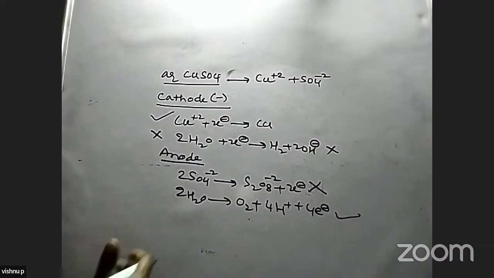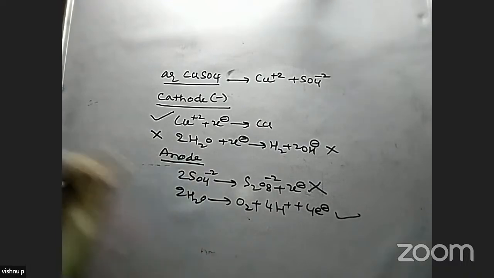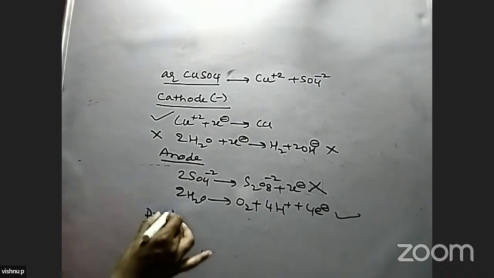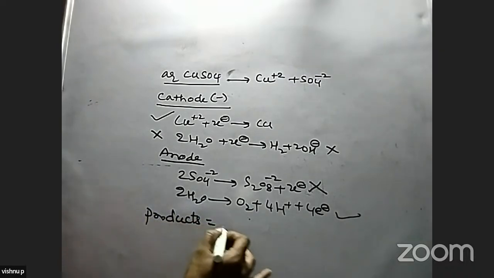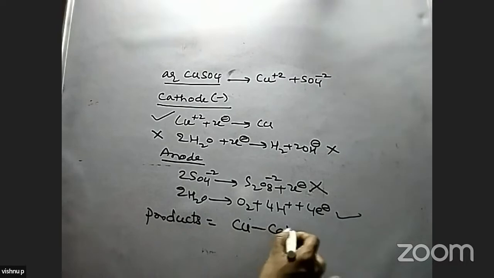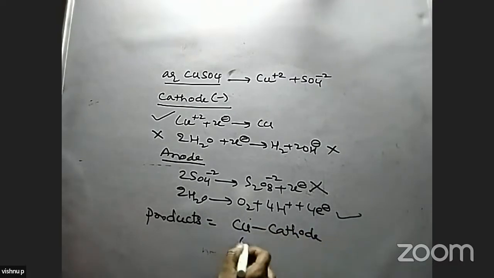Because when a reaction takes place, the reduction or oxidation potential should be more. Accepting electrons, the reduction potential should be more. Losing electrons, the oxidation potential should be more. So for aqueous copper sulfate, what are the products evolved at the anode and cathode? Copper is evolved at the cathode and oxygen is evolved at the anode.